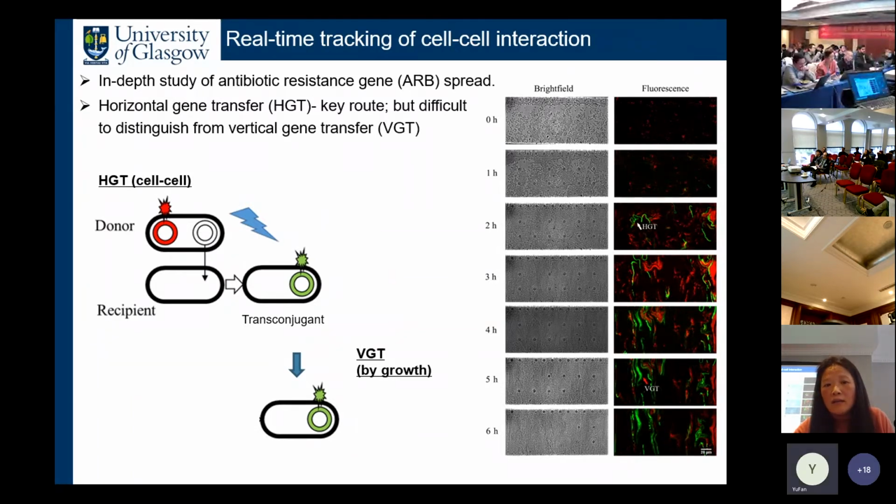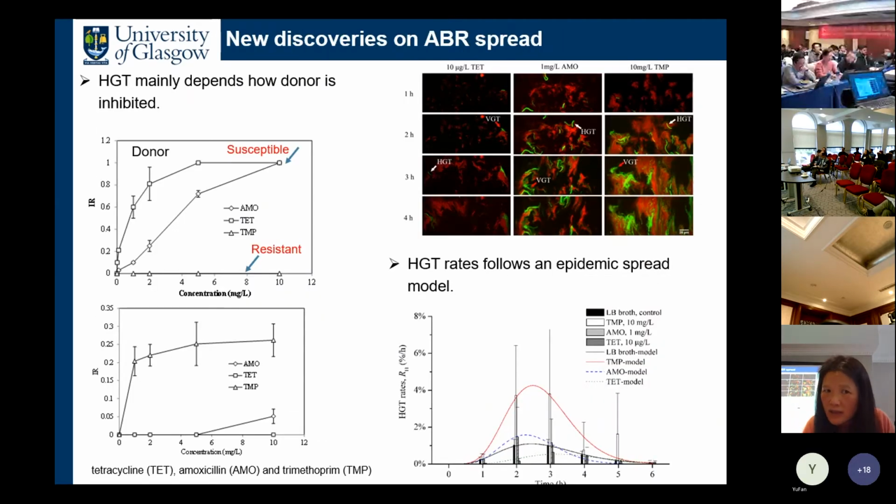What we are able to do with the single cell microfluidics is to monitor when and where all this HGT happens, and when and where the vertical gene transfer, due to cell growth, happens. So we can decouple the two fundamental processes. And what we can use that for is very interesting.